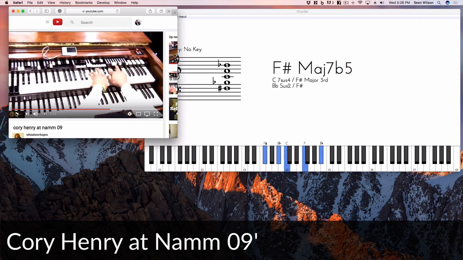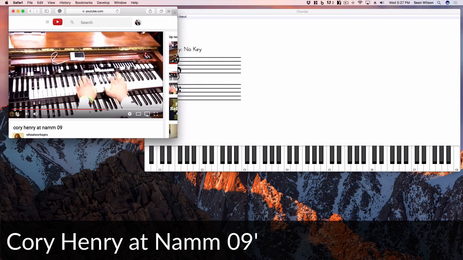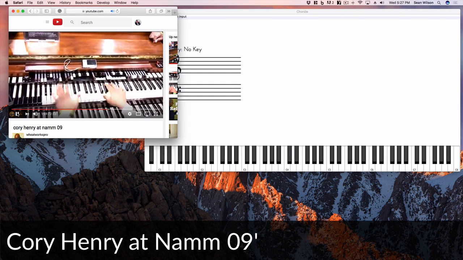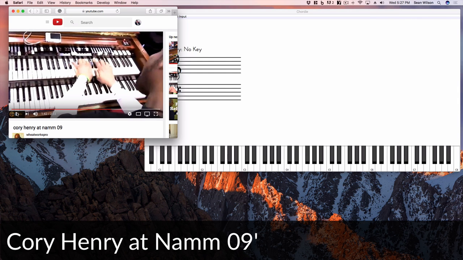He's probably doing this, but it's probably happening so fast that it will be hard for the ear to pick that up. But that's going to be my educated guess. Okay, so let's look at that.